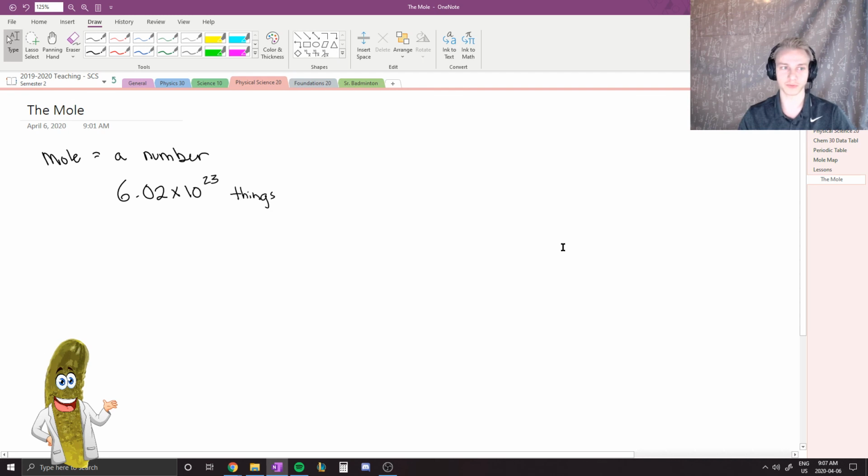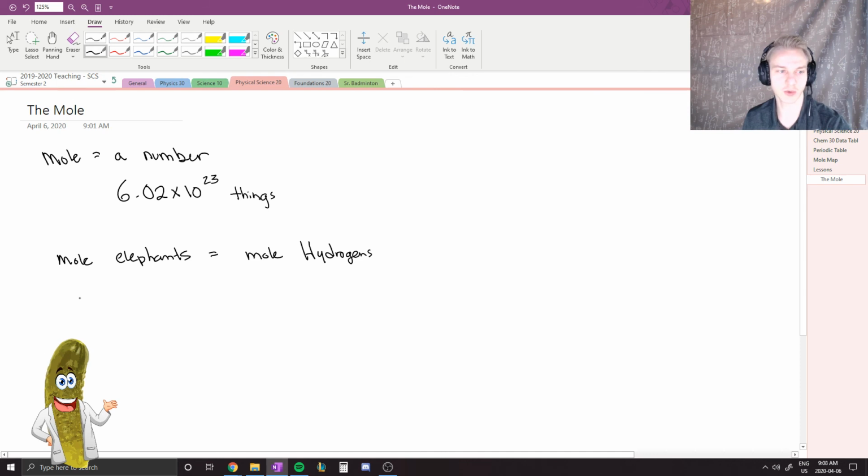A mole is really nice for us because a mole of elephants is, very simply, also equal to a mole of hydrogens, for example.